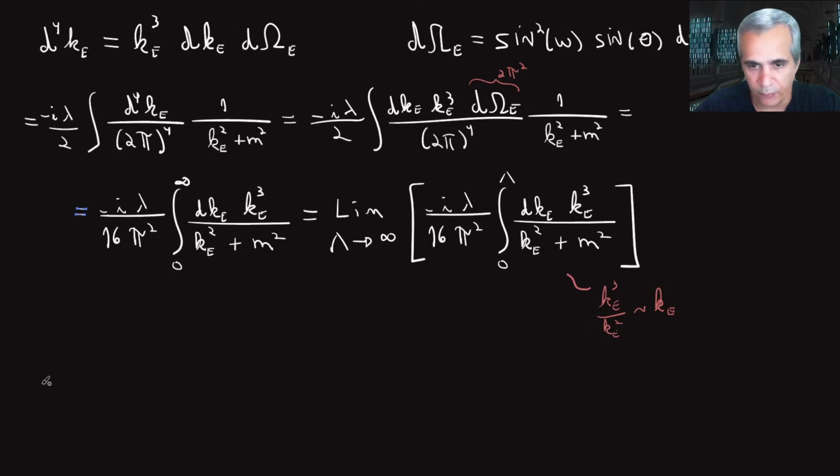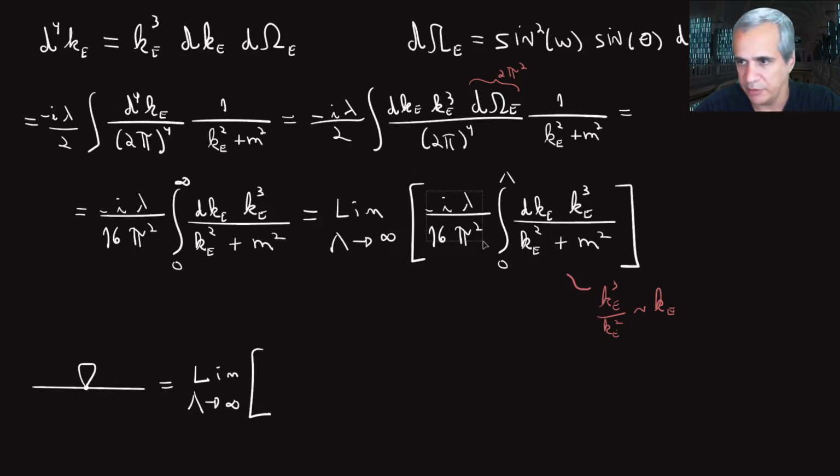And if you do the integral near the upper limit, you have something that depends. So our diagram here is going like the limit of Lambda going to infinity of this part times the integral of k_E, which near the upper limit is just Lambda squared. This is the contribution from the upper limit.